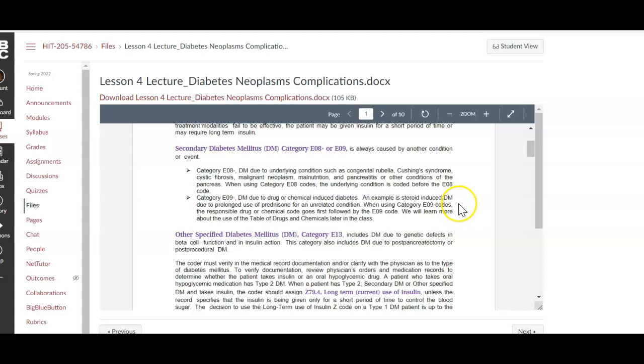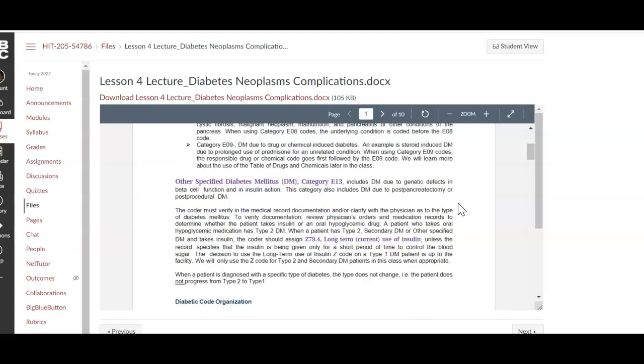Example would be steroid induced DM. Then we have others specified, so E13. This includes diabetes due to genetic defects, beta cell function, and insulin action.